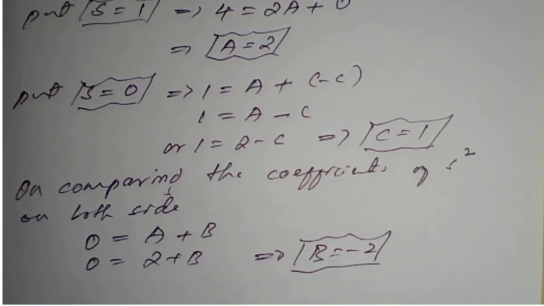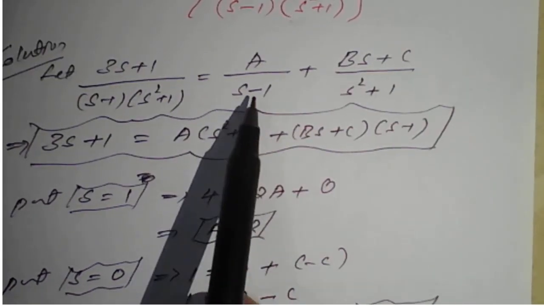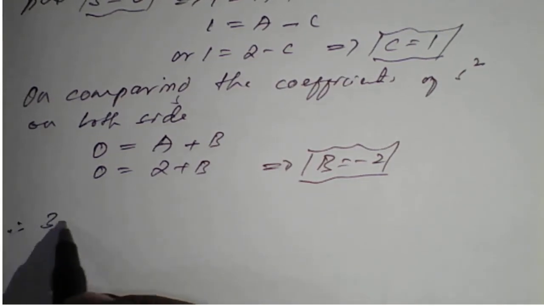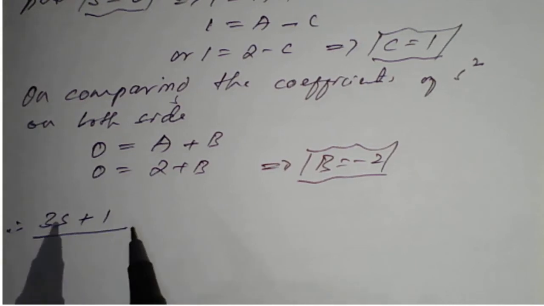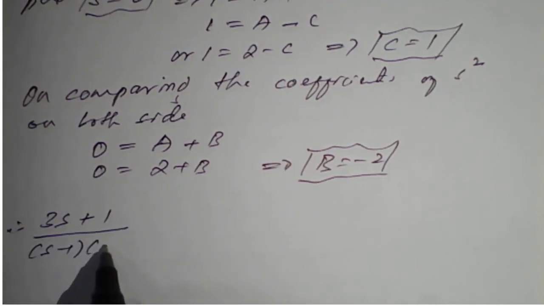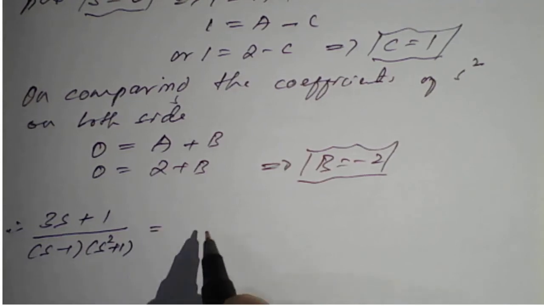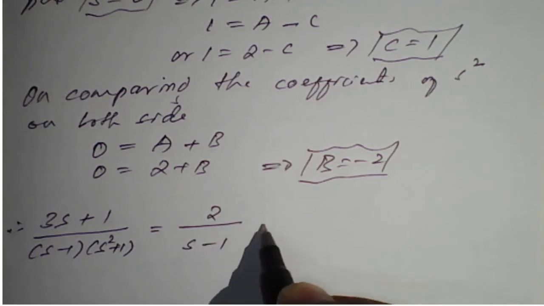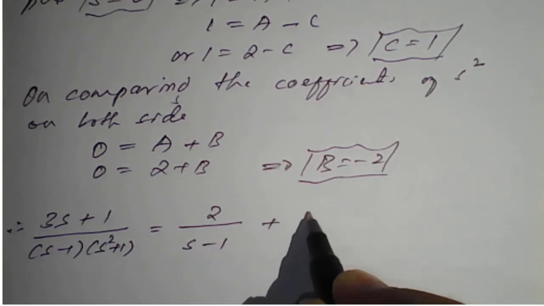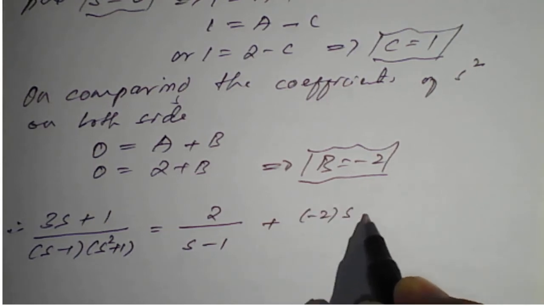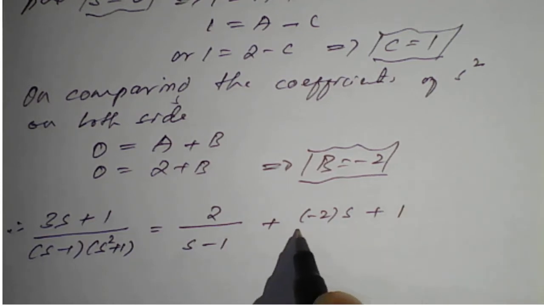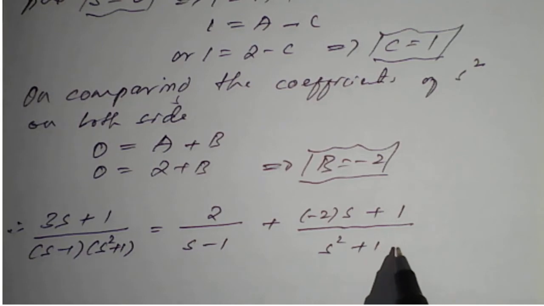So we got A, B and C. These values we will apply here, and then we'll apply the inverse Laplace transform. Therefore (3s plus 1) divided by (s minus 1)(s square plus 1) is equal to A value is 2, so 2 divided by s minus 1, plus B value is minus 2, into s, because Bs plus C, so minus 2 into s, and C value is 1, divided by s square plus 1.